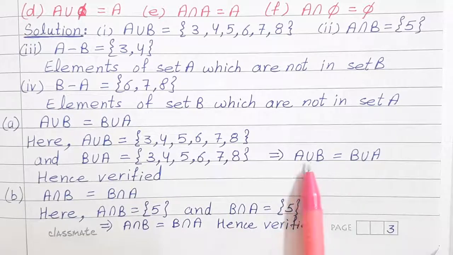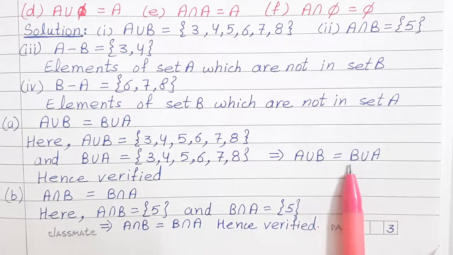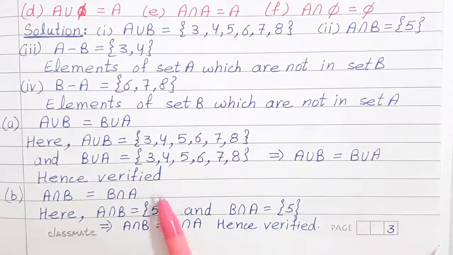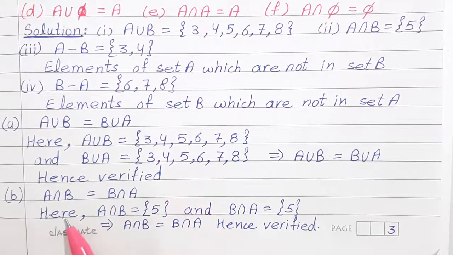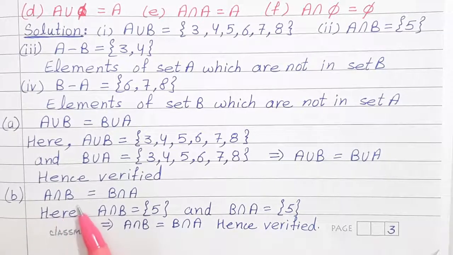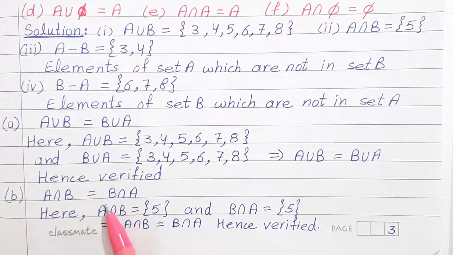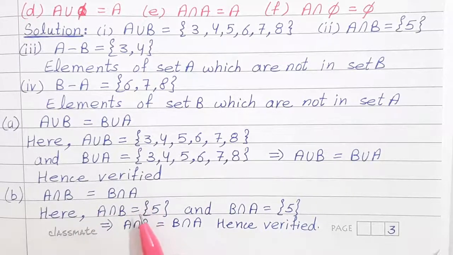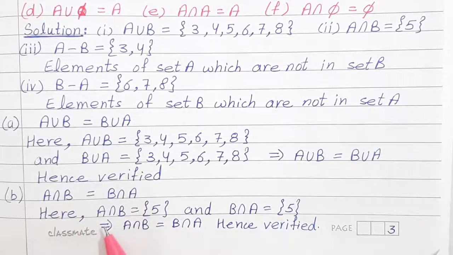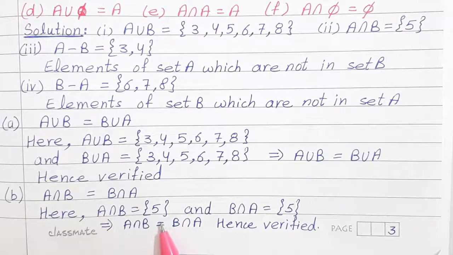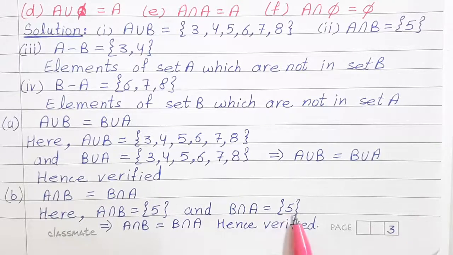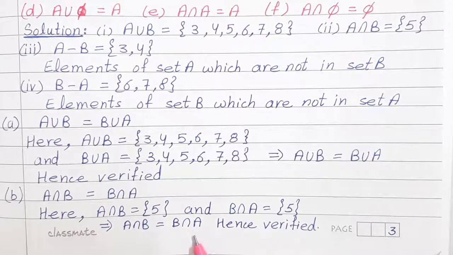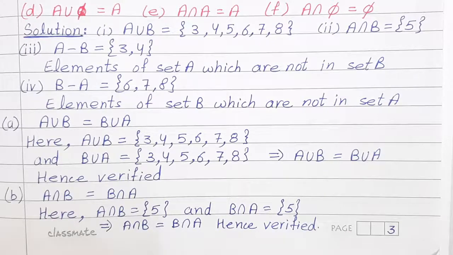So, this implies A union B is equal to B union A. Hence, verified. Clear? Now, the next part, we have to prove that A intersection B is equal to B intersection A. Now, children, in this case, we know that A intersection B is {5} and similarly, B intersection A is also {5}. So, the two are equal, hence verified, right?